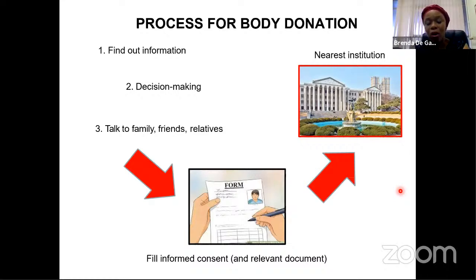So that would be what I'd highlight as a third step. Then once everyone is agreeable, you fill in the relevant forms, which you'll find at the nearest institution, depending on which province you are in. For us, it's UKZN. Then you submit those forms to that institution. We have coordinators involved in our body donation programs, even in the other provinces and other universities as well.